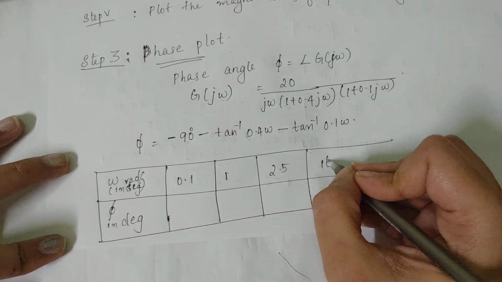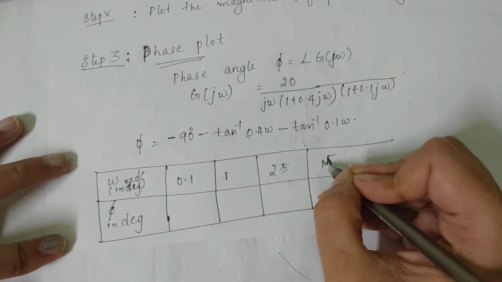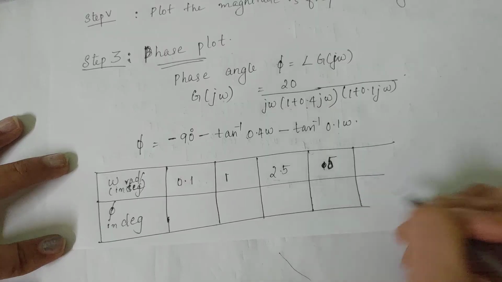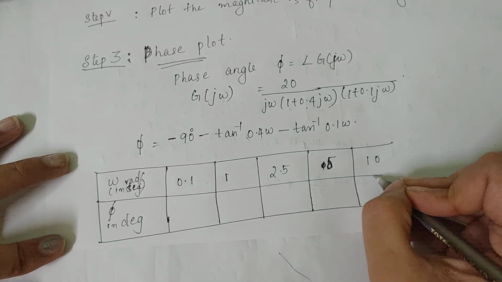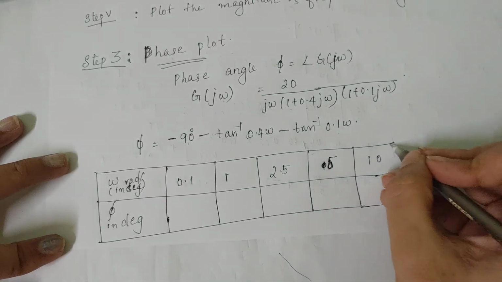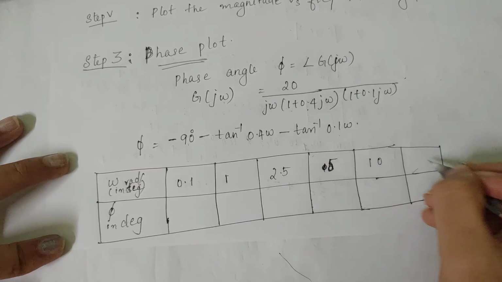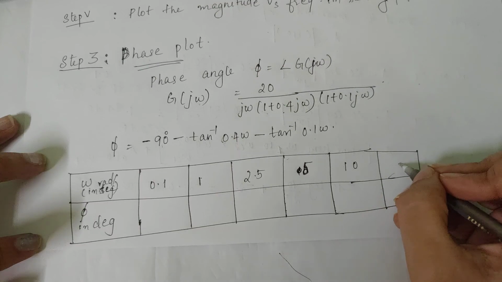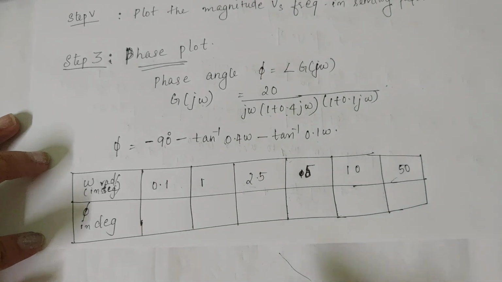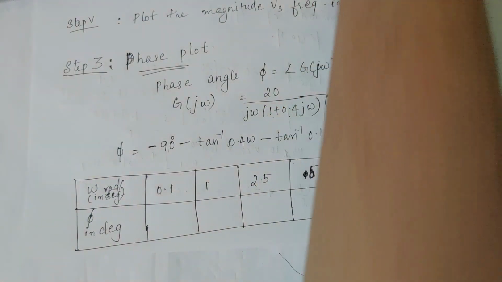Before 10 I am taking 5. Now omega C2 10 and omega H I have taken it as 50. So I have taken values like this.